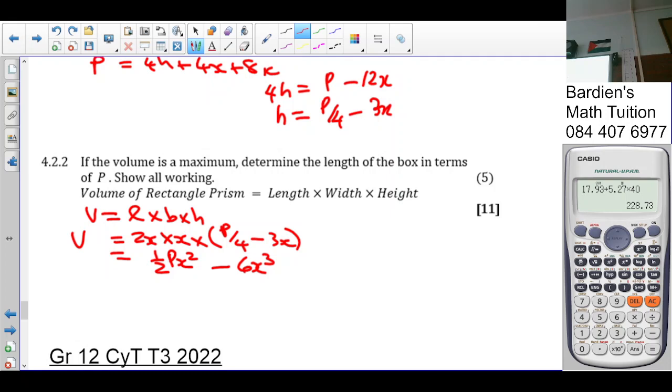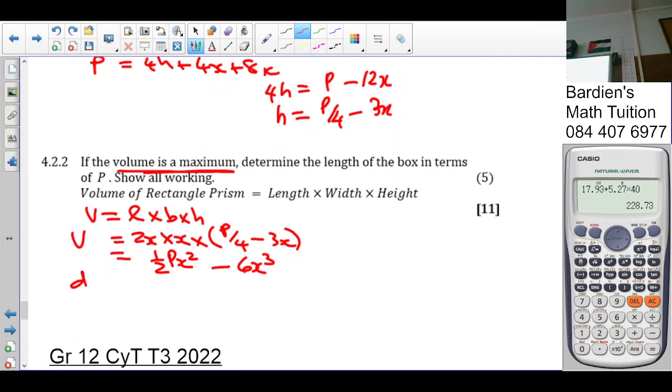Okay. But the question says, determine the length of the box when the volume is the maximum. That's one. So what do I do if they say it's maximum or minimum? First derivative.